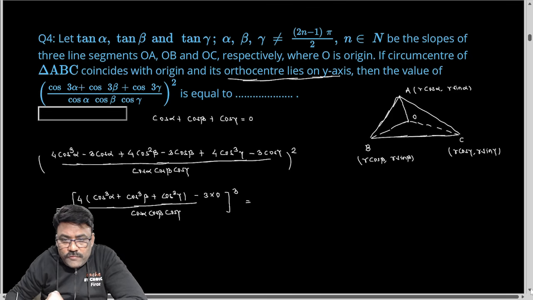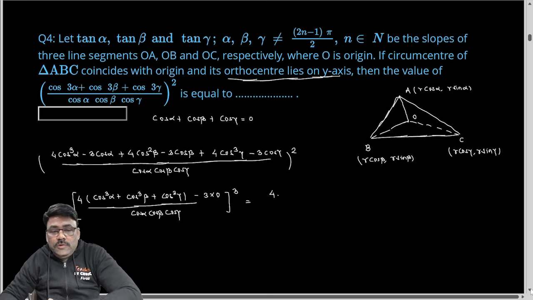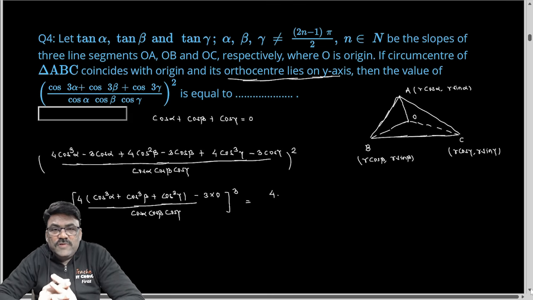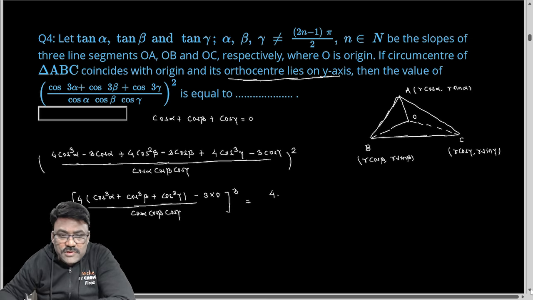Now you know that if a plus b plus c is 0, then a cube plus b cube plus c cube is the same as 3abc. So just read cos alpha as a, cos beta as b, cos gamma as c.